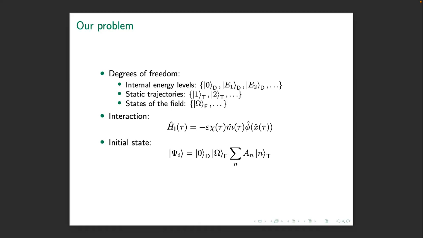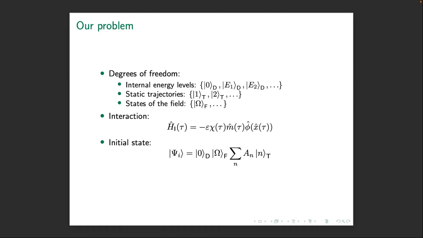We will fix the initial state of the system to be the ground state of the detector, some state of the field, which we will take either Unruh or Hartle-Hawking, and the superposition of trajectories with some coefficients a_n.